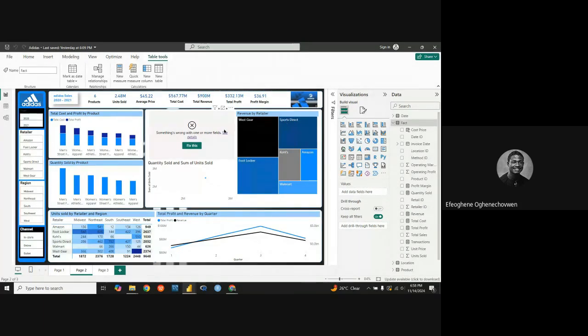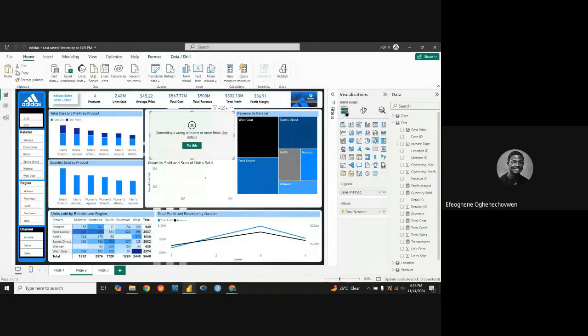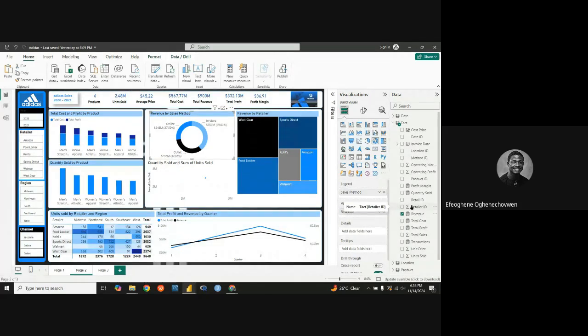What was here before? Okay, I think it's a column chart. Is it a donut chart? Total revenue. Okay, get rid of this. No wonder it was giving me an error. Okay, all right, thank you.